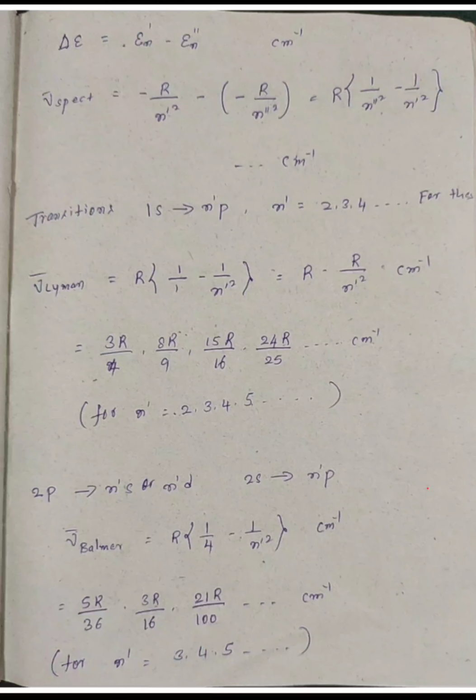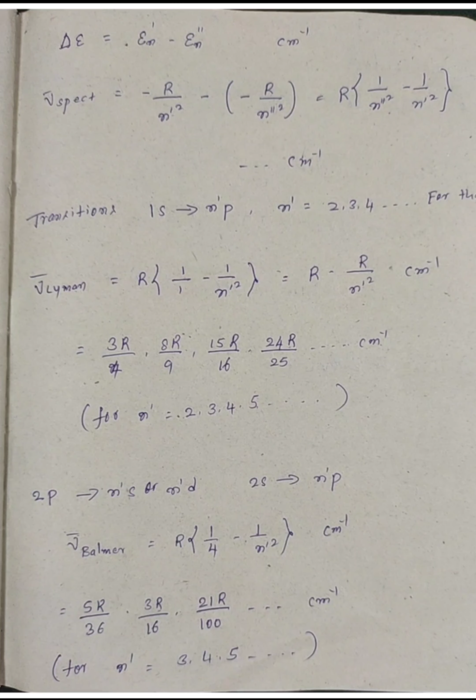Next, change in energy. Next we discuss the changing energy. So for the Balmer series, only two transitions are present, from 2p to n dash s or n dash d. N dash indicates the higher energy levels. Okay, so 2s tends to n dash p.